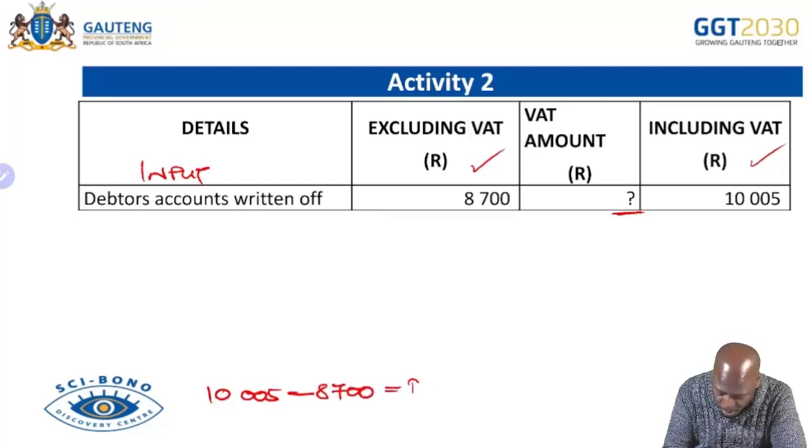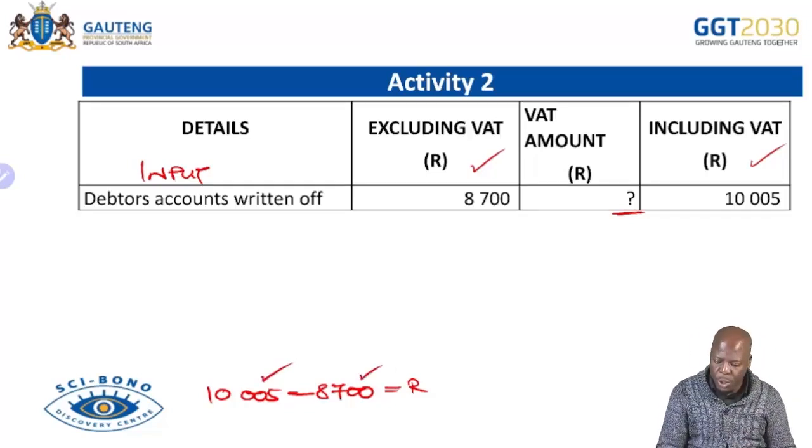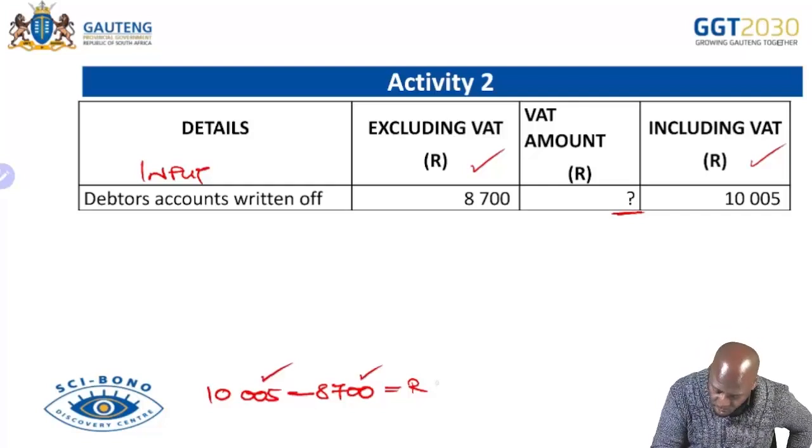If we say 10,005 subtract 8,700, how much do we get? Someone is saying you get 1,305.